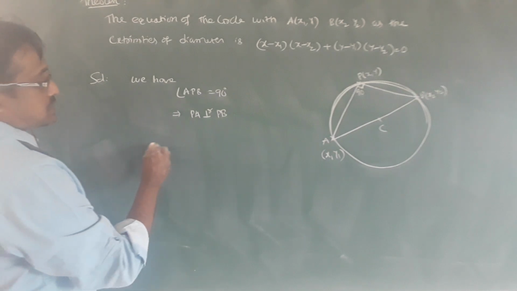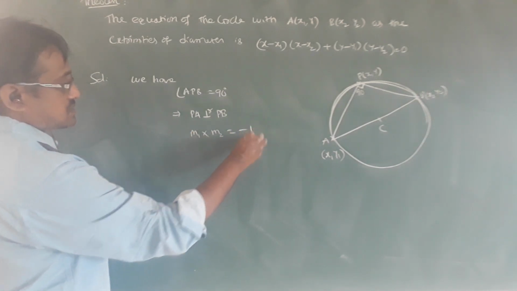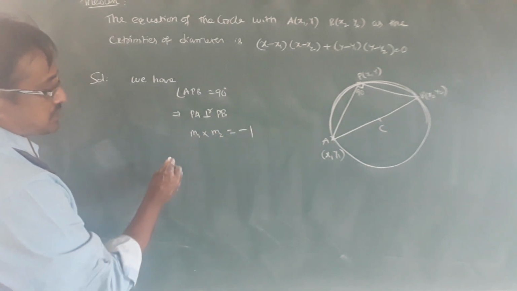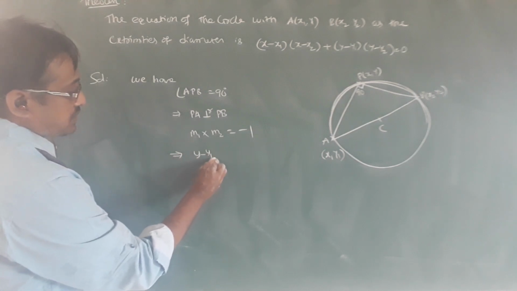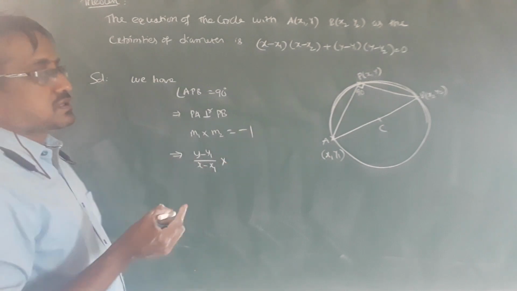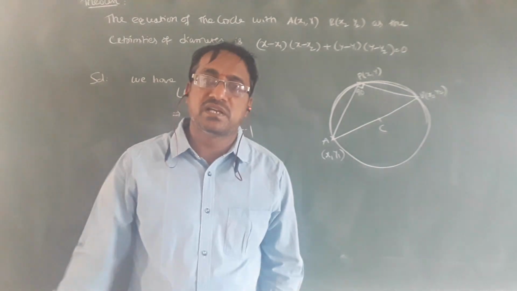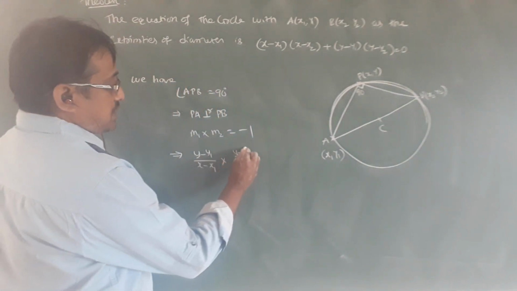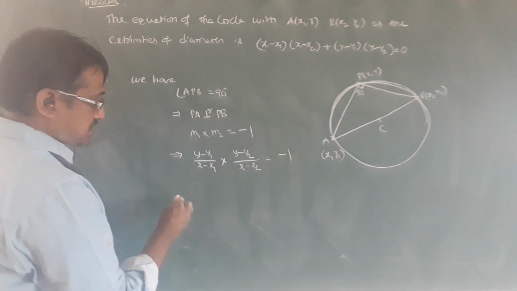Now the product of slopes, that means m1 into m2 is equal to minus 1. Consider the slopes of PA and PB. The slope of PA is (y minus y1) by (x minus x1). You know the slope of the line joining two points is (y2 minus y1) by (x2 minus x1). The slope of PB is (y minus y2) by (x minus x2), and the product is equal to minus 1.